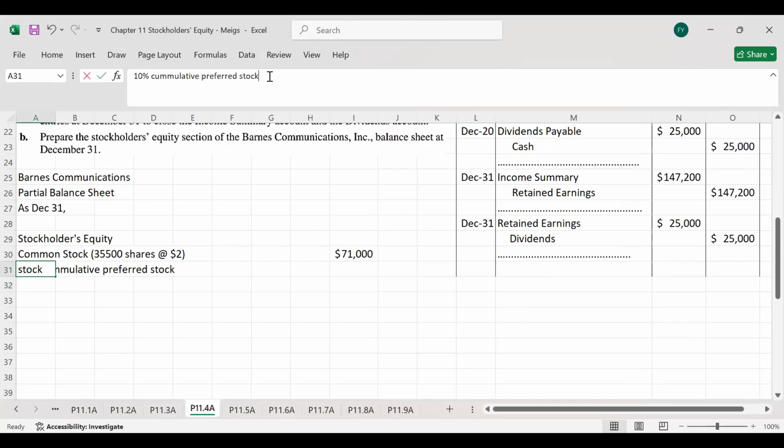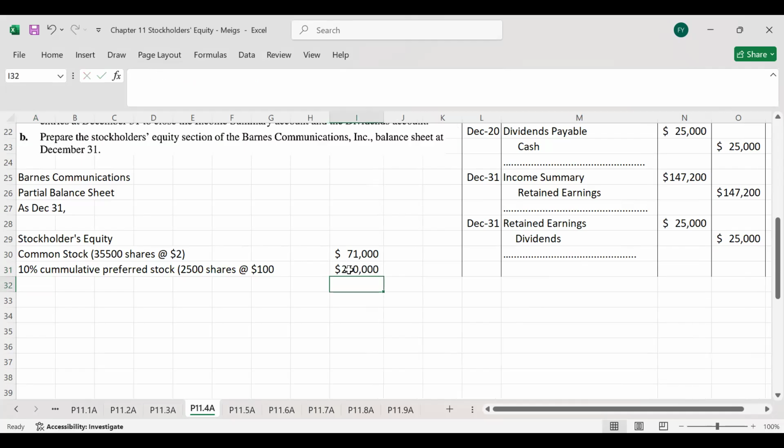So 2,500 shares were issued at par value, so par value is $10. So here 2,500 multiplied by par value. So this is the total amount of cumulative preferred stock.